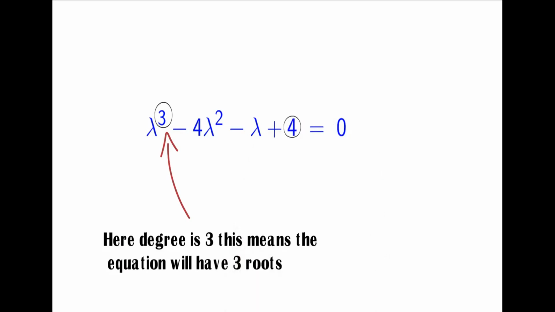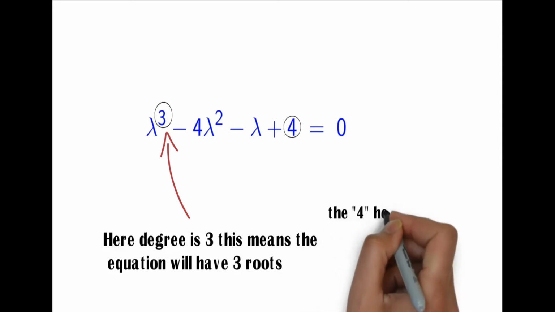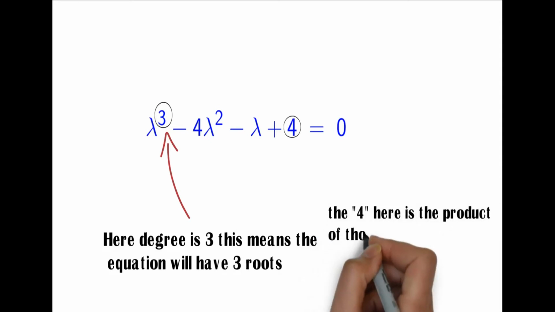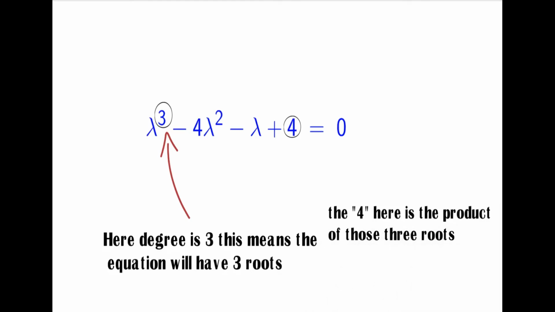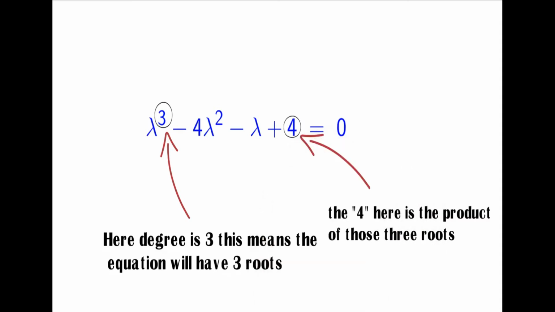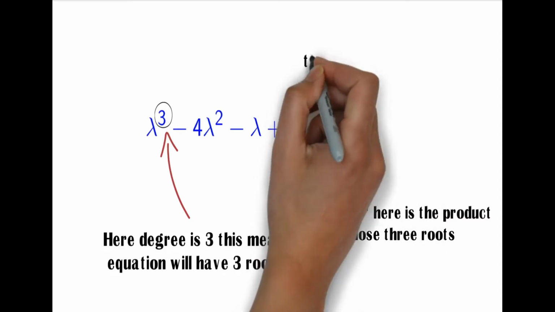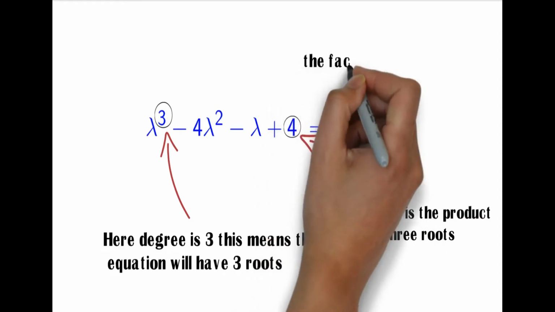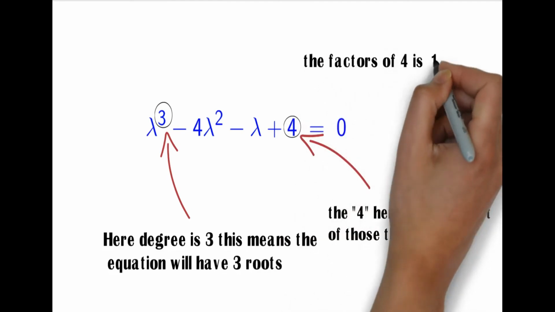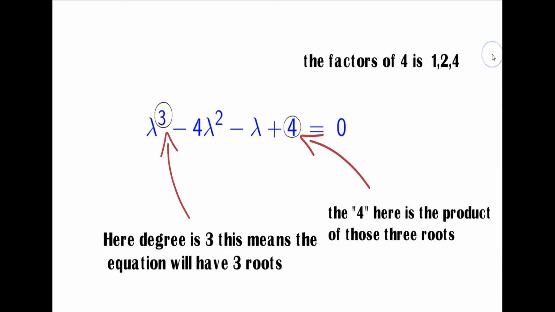The 4 here is the product of those 3 roots. The factors of 4 are 1, 2 and 4.